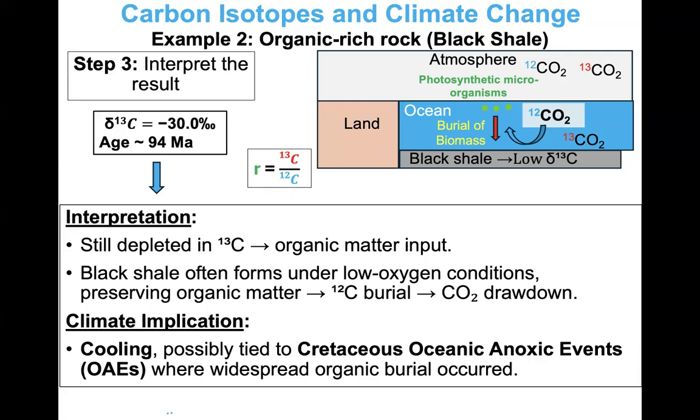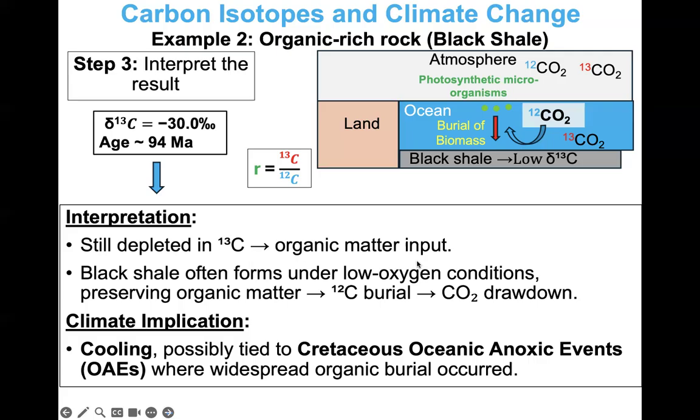Okay? So in black shale, we have low delta 13C simply because they have more C12, a lower ratio. Interpretation here: still depleted in delta 13C, which means you have very low delta 13C, which means there is an organic matter input.